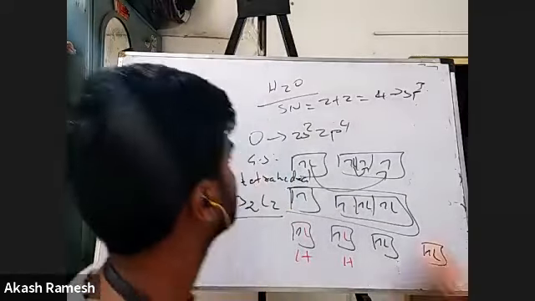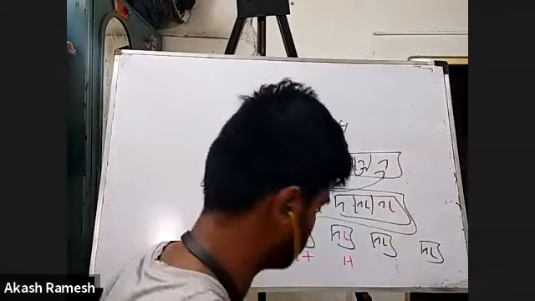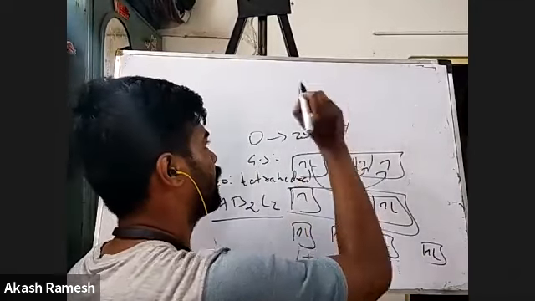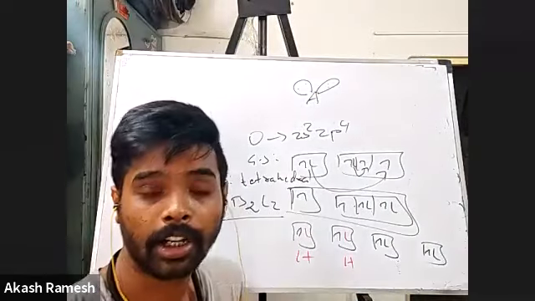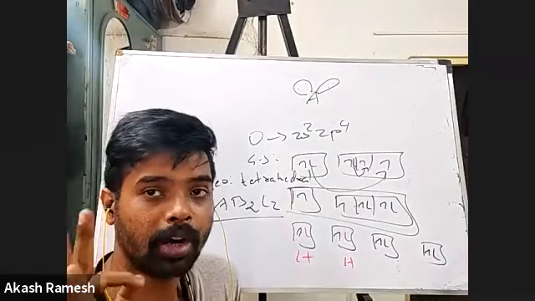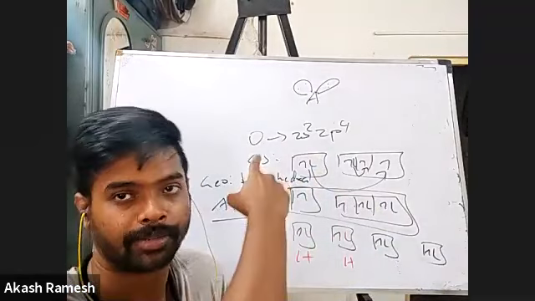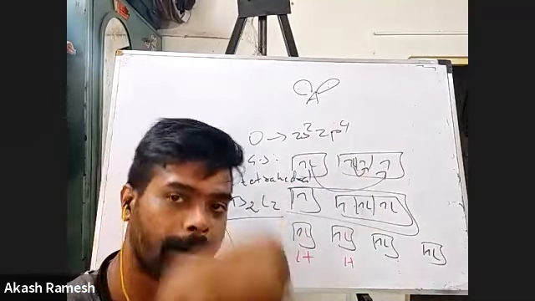Now if I try to draw the shape, I have 2 lone pairs present, right? This is the first time you are visualizing lone pair repulsion, is it not? Till now you would have seen bond pair and lone pair.